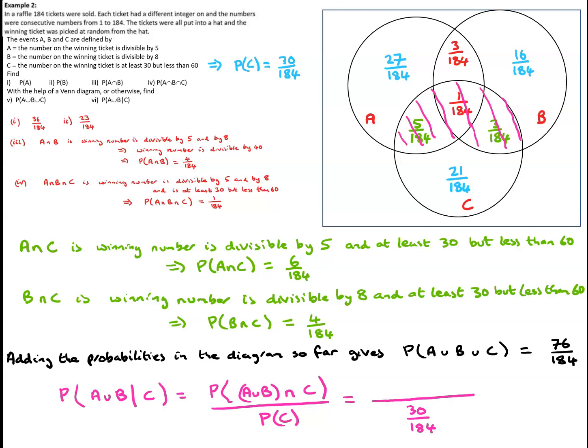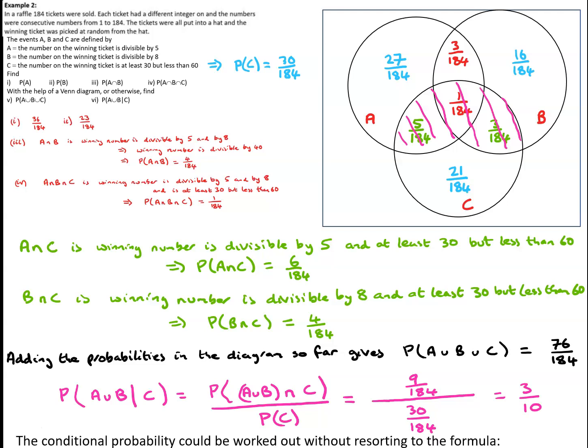That has a probability of 9/184ths. So the probability of A union B given that C has occurred is 9/184ths divided by 30/184ths, which is 9/30ths or 3/10ths.